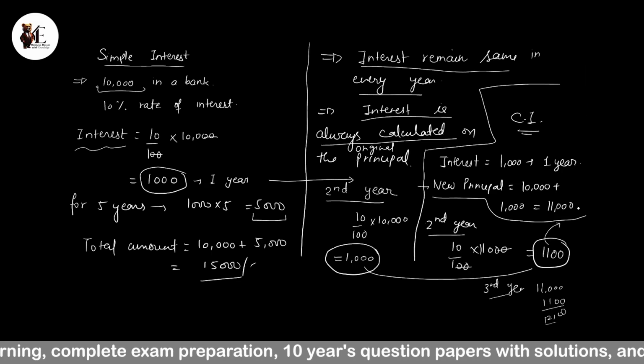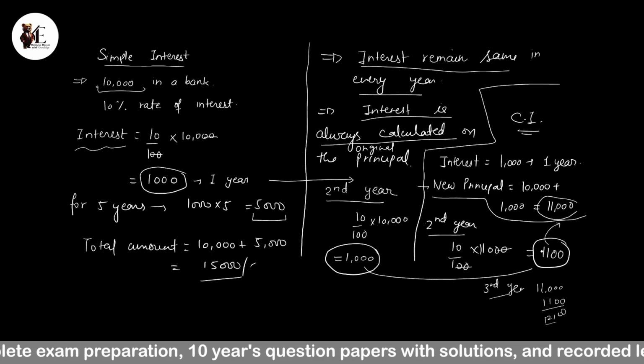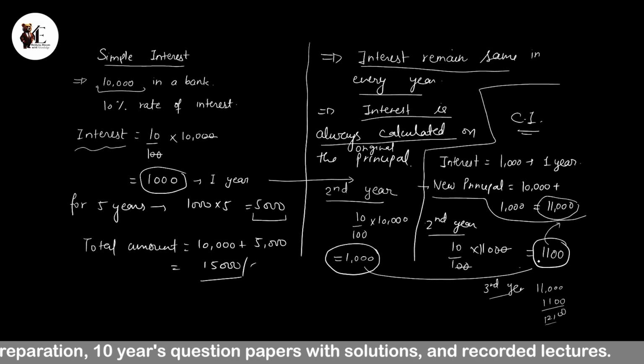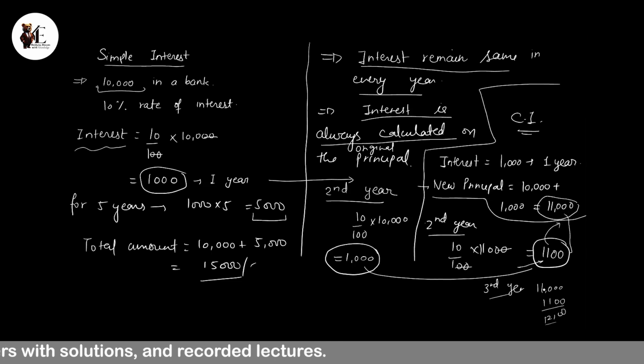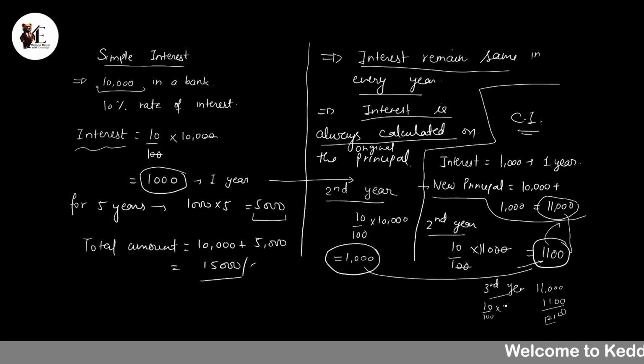For the third year, the principal was 11,000, and for the second year, we got interest as 1,100. So you have to add interest and the previous principal to get the new principal. So 11,000 plus 1,100, now it will become 12,100. So when you calculate interest, it will be 10% of 12,100.